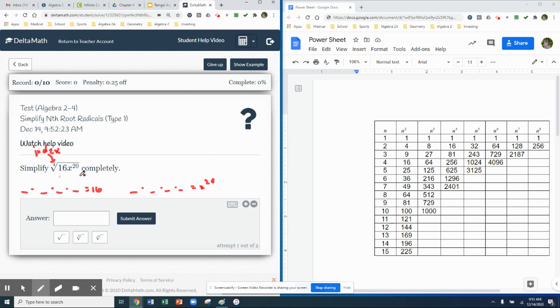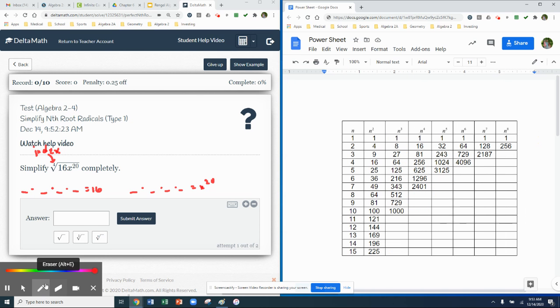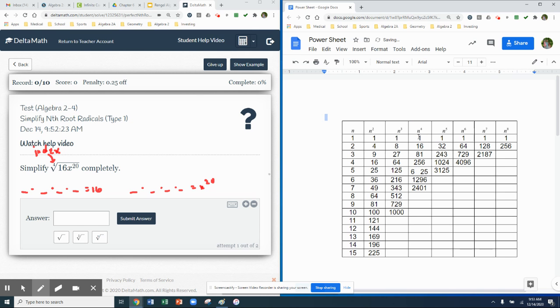Now with the numbers, how we can solve this is when you go to your power sheet, this end of the fourth column, which it's not letting me write over here, this end of the fourth column is all of our fourth roots.